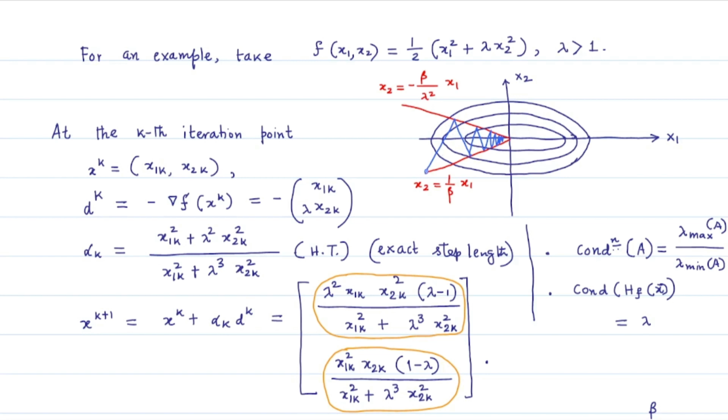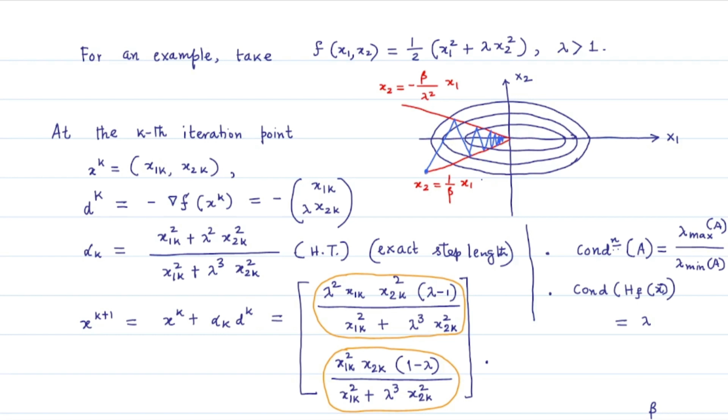So the sequence of iterates fluctuates between these two lines. From here we can sense the step lengths are getting smaller and smaller as we approach the stationary point of the function f. And by the slow progress towards the stationary point, the origin here, we notice that we will require infinitely many iterations to reach the stationary point.